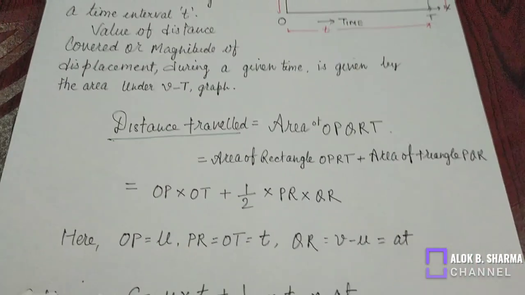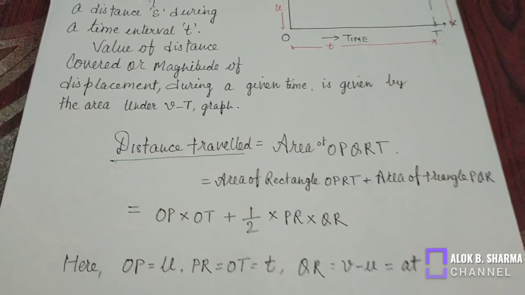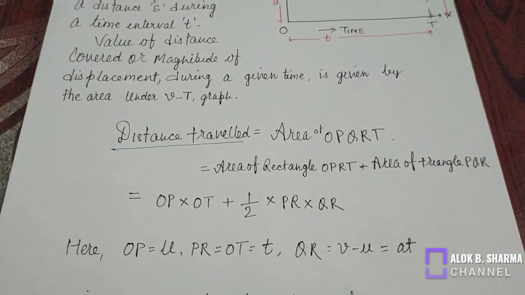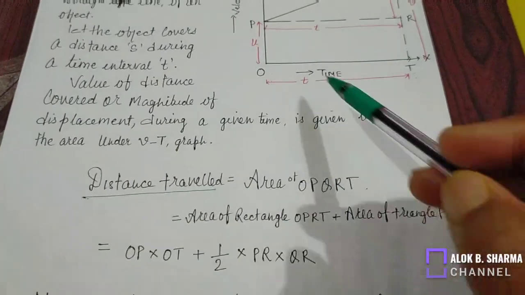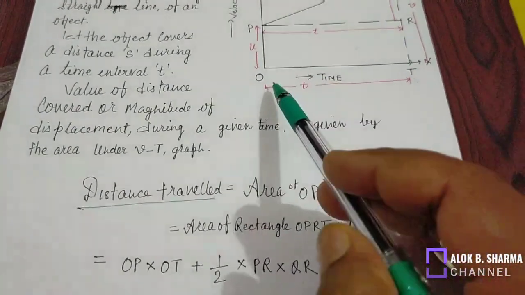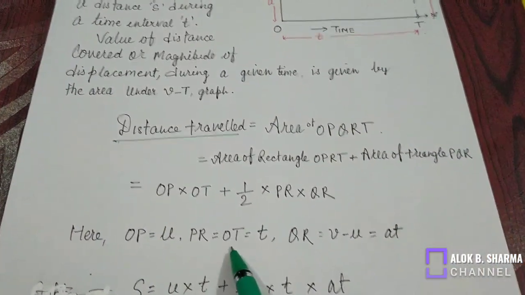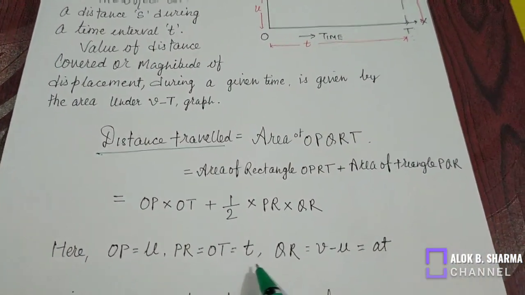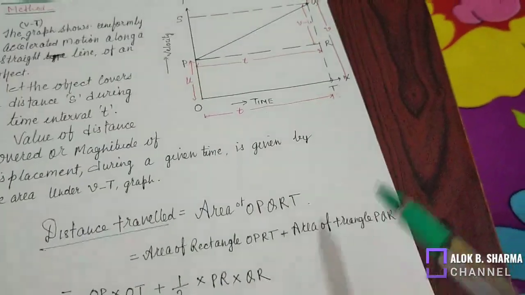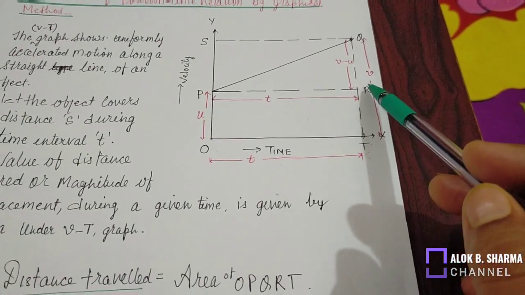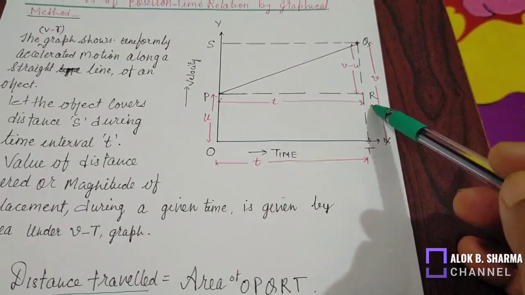Now we will put in the values obtained from the graph. OP equals U, PR equals OT, that is equal to small t, and QR equals V minus U, because QR is the change in velocity.